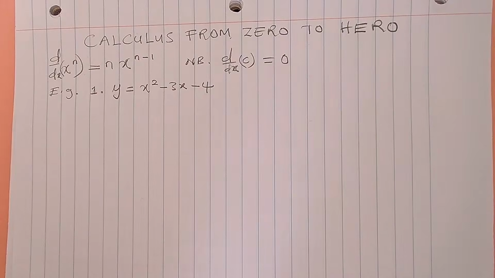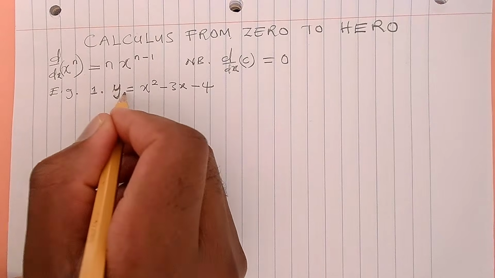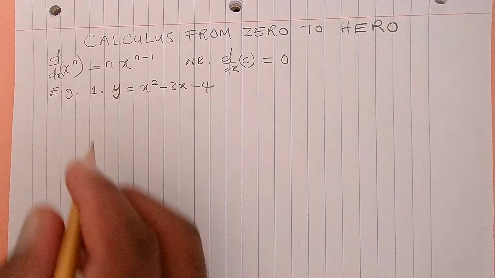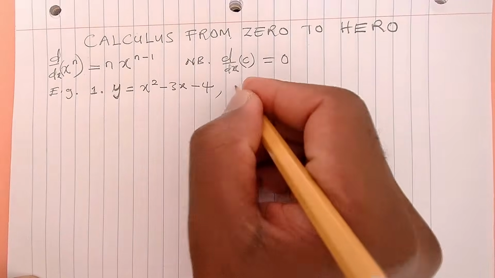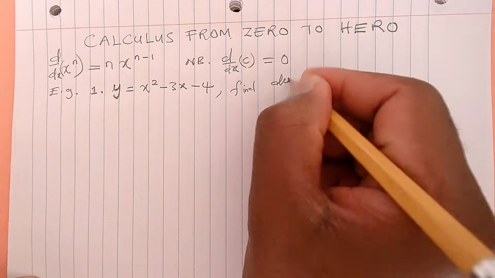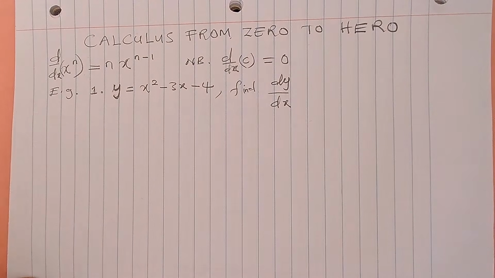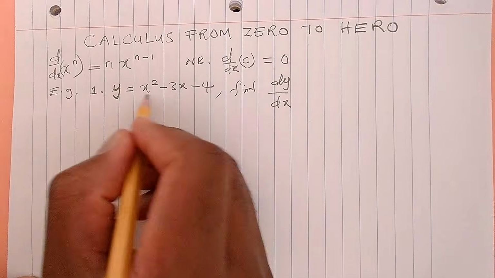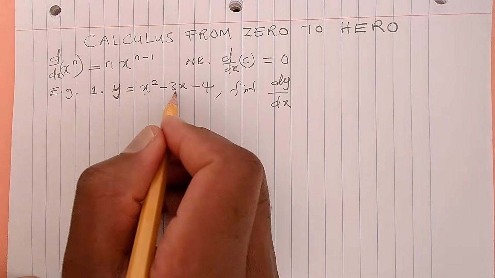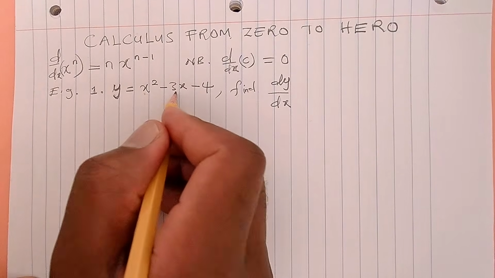All right, so let us go ahead and see what happens. If we say differentiate y with respect to x, it means you want to find dy/dx. Because this expression has sums of different terms, you differentiate each term.